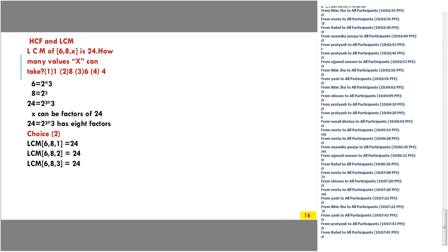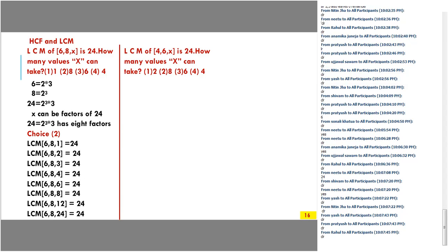LCM of 6, 8, 1 will be 24. LCM of 6, 8, 2 will be 24. Because LCM of 6 and 8 itself is 24. So x can be factors of 24, and when it's a factor of 24, the LCM does not get changed. Are we clear?